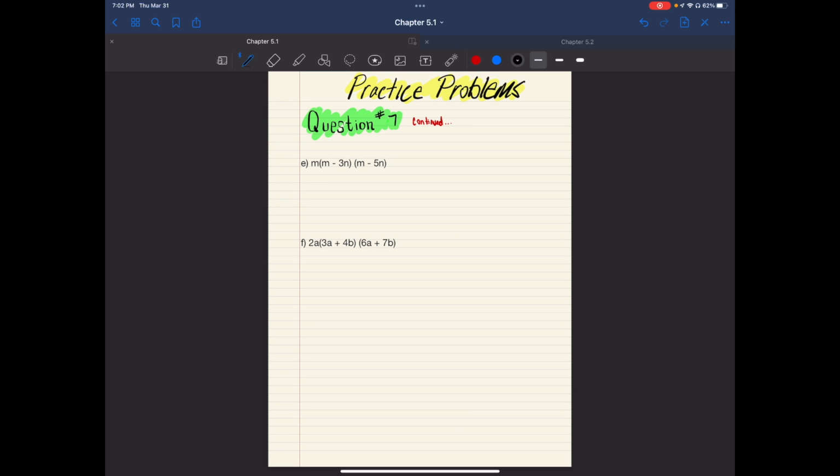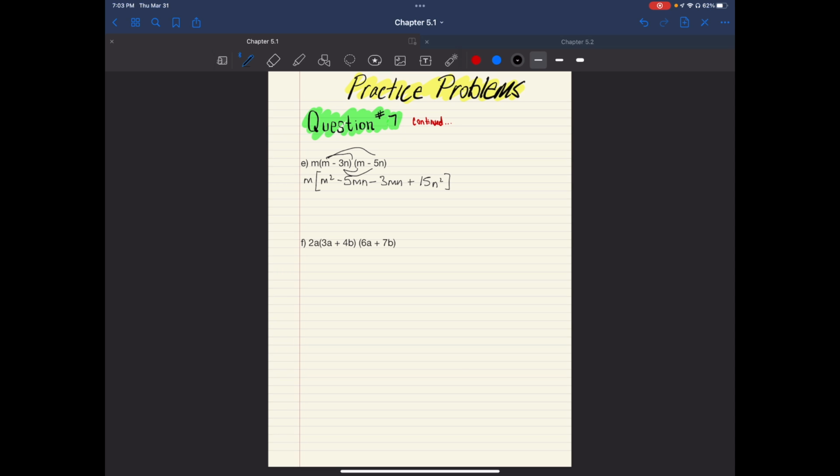Moving on. So write our m outside the bracket. m squared minus 5mn minus 3mn plus 15n squared.